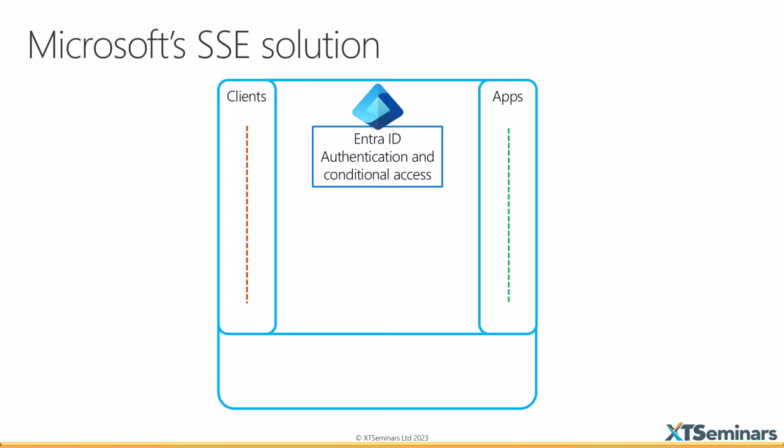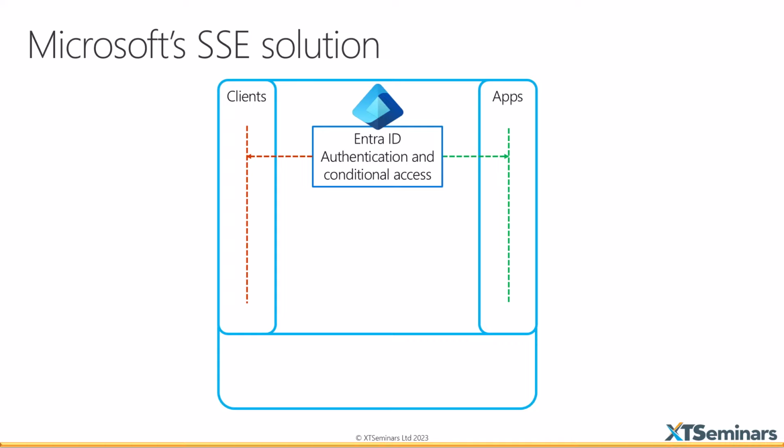We've got Microsoft Entra ID, which is the rename of Azure Active Directory. And with Entra ID, we've got authentication and conditional access. Those are 2 core components. So when a client connects, we can actually authenticate to the client edge.